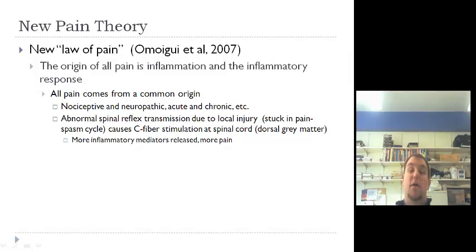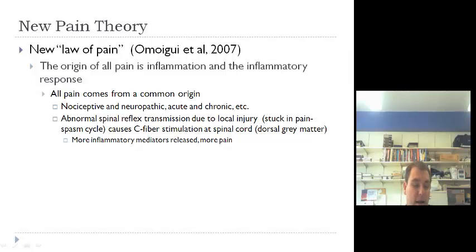So they're saying you sprain your ankle, you roll your ankle, you injure your ATF. Acute pain, it hurts, the pain goes to the spinal cord, chemical mediators are released, more inflammatory mediators are released, substance P is a big one. Things that we don't want released cause more pain.